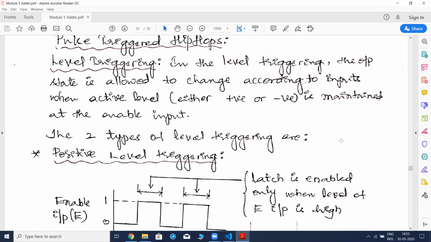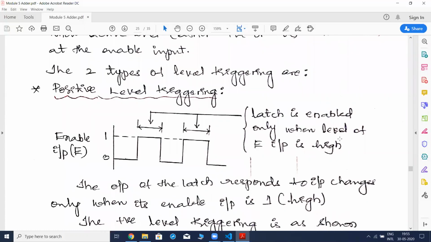There are two types of level triggering. First, let us see the positive level triggering. We call it the enable input because this type of input is given to the latches. In positive level triggering, the enable input is maintained at logic level 1. During this time, according to the input, when enable is equal to 1, we are going to get the output.